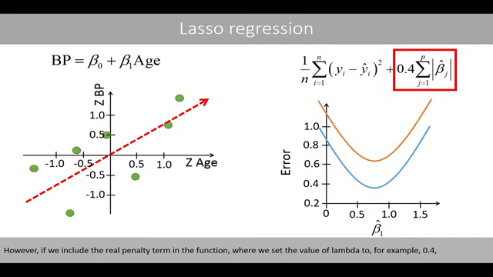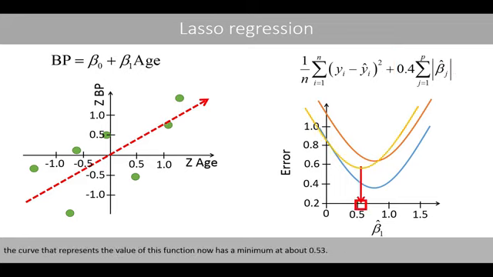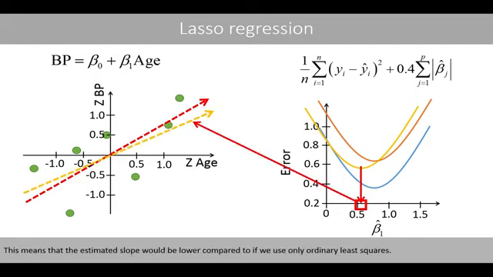However, if we include the real penalty term in this function, or we set the value of lambda to, for example, 0.4, the curve that represents the value of this function now has a minimum at about 0.53. This means that the estimated slope would be lower compared to if we use only ordinary least squares.